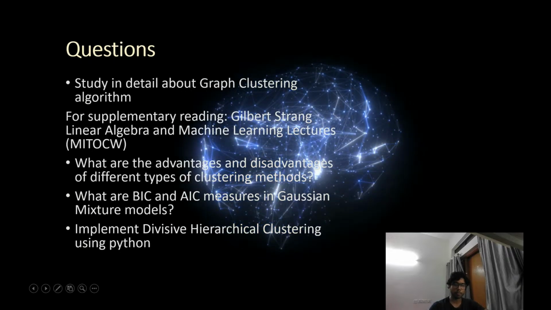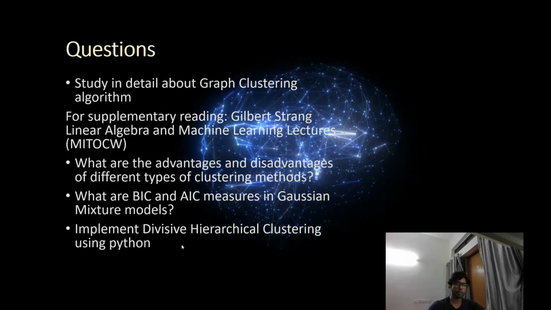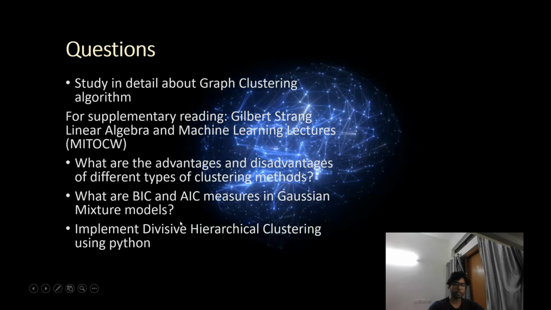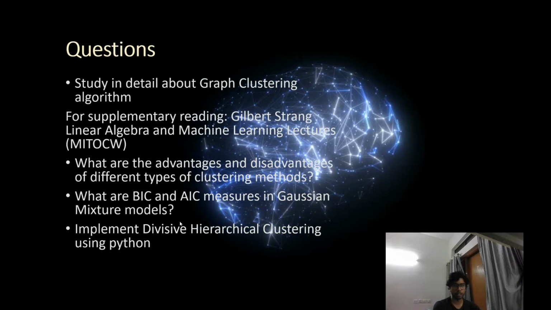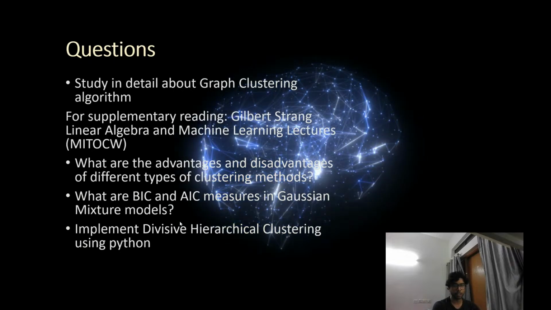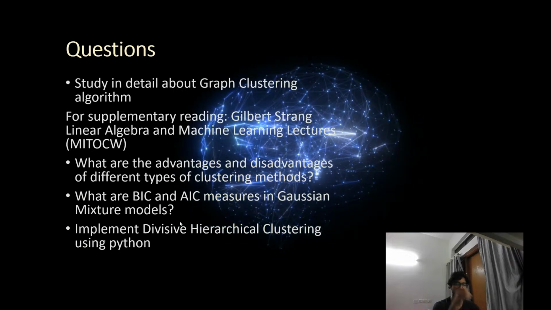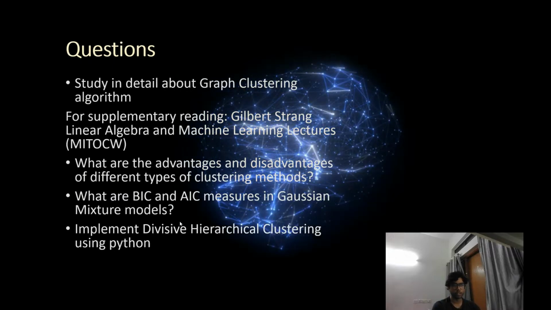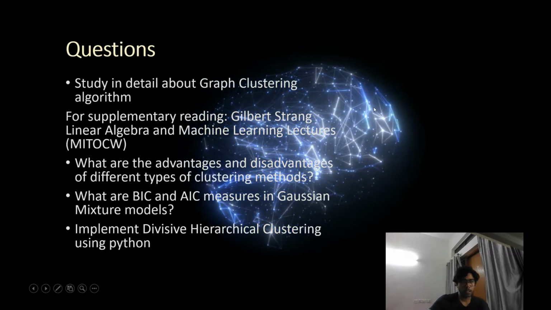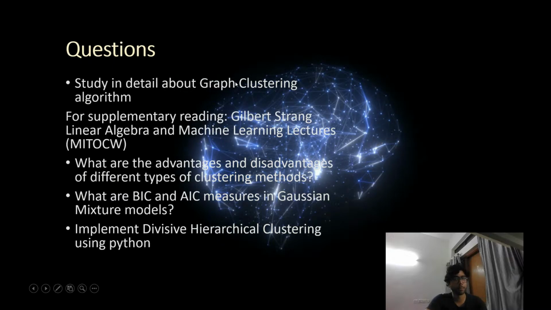We saw an example of agglomerative clustering, where we went from smaller clusters to higher clusters. Try to also implement and see how divisive clustering works. So you go from bigger clusters to smaller clusters, and so on. Okay, with that, let me know if you have any questions.